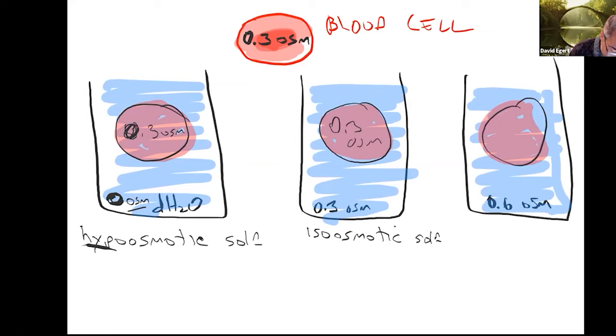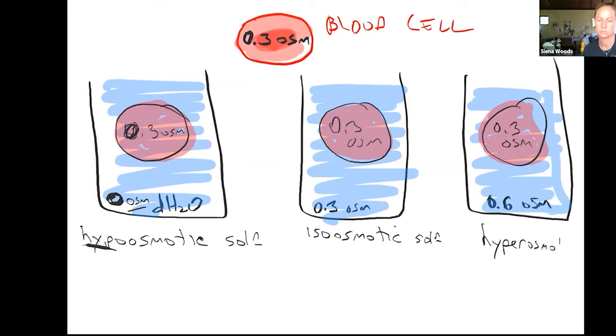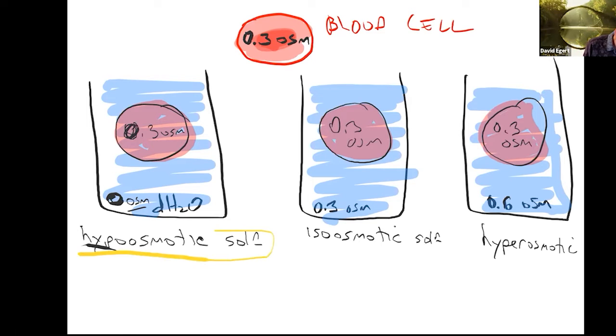In this case, where it's more than inside the cell, it's a hyperosmotic solution. Hyper, right? Whoa, it's more. So hypoosmotic, isoosmotic, and hyperosmotic just has to do with comparing the osmolarity inside to outside.